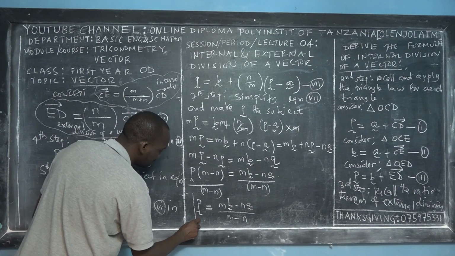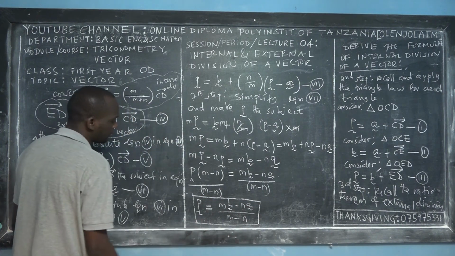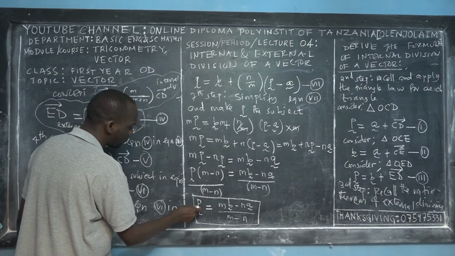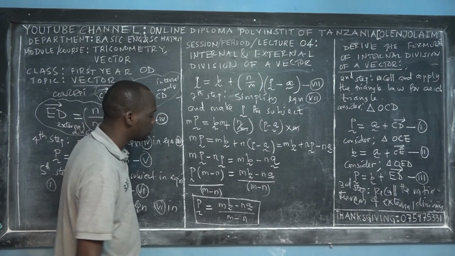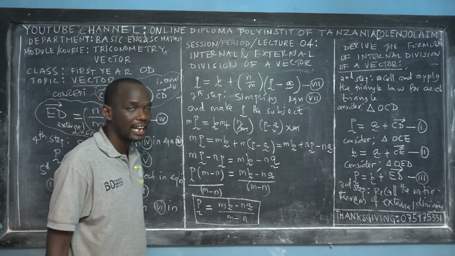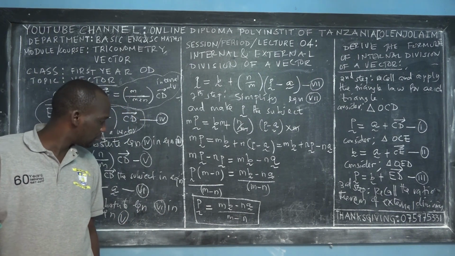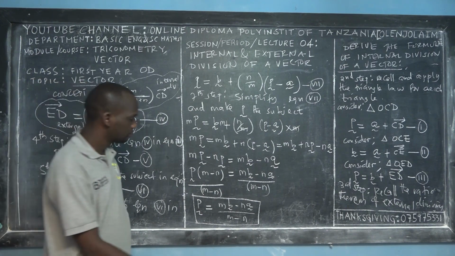So this is the general formula to find a vector which divides two positional vectors externally.